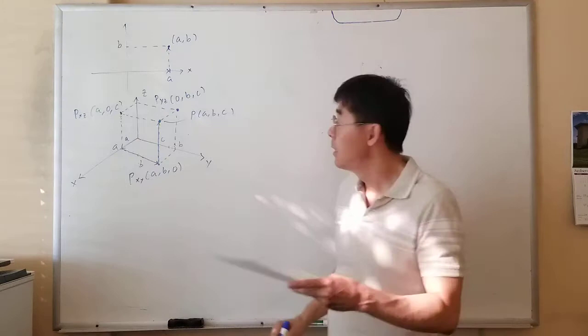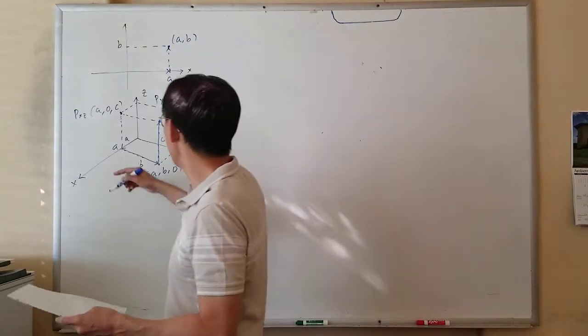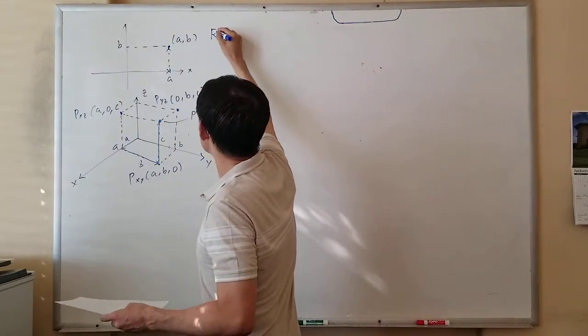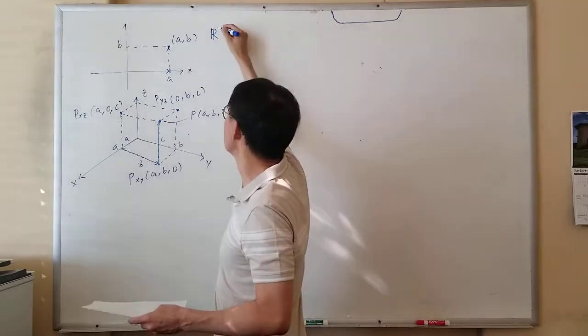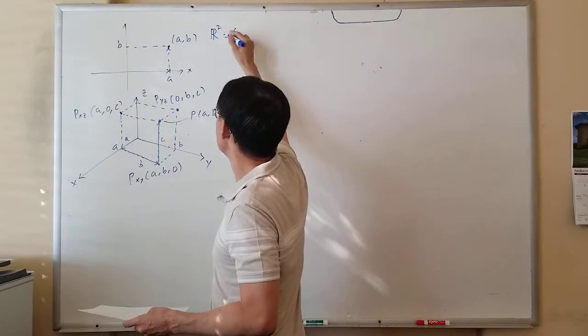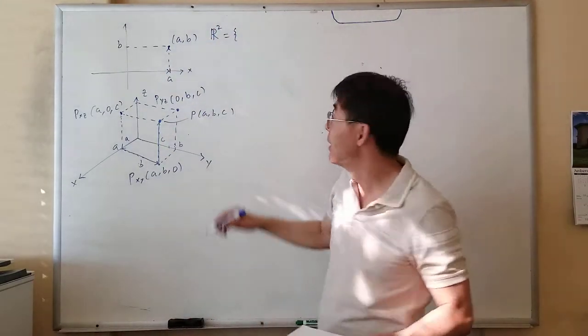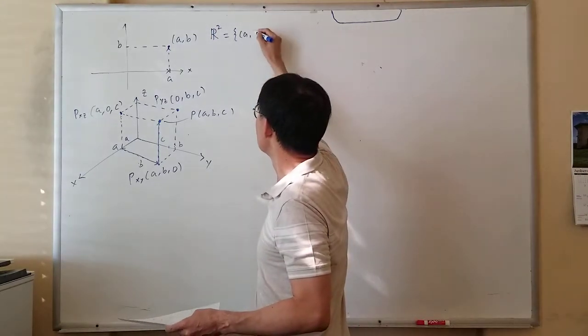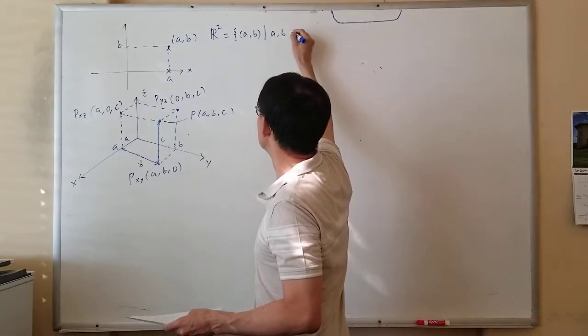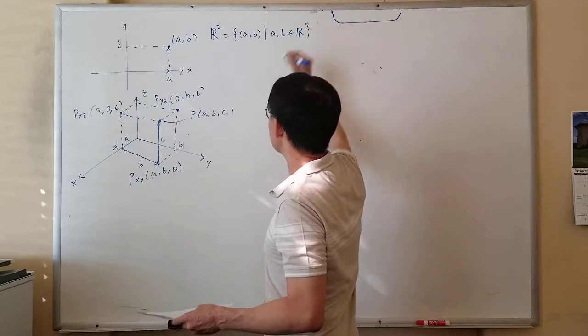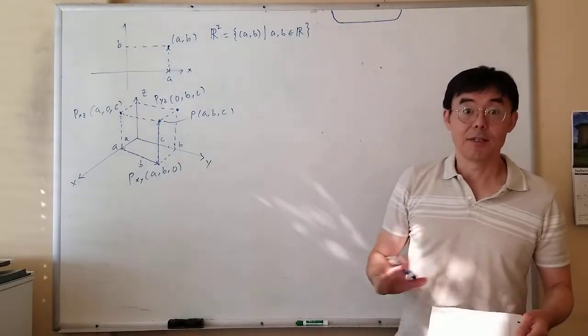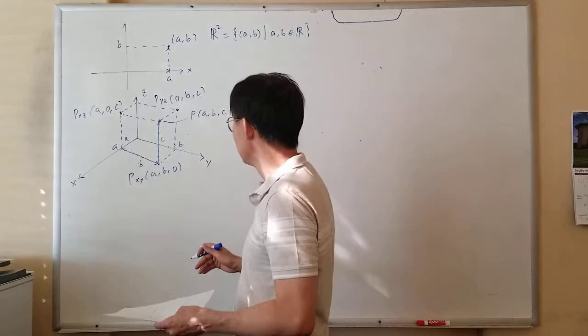Now, we use this boldface R squared, not really squared. This is the set of all ordered pairs of real numbers, which means the set of all points in the xy plane.